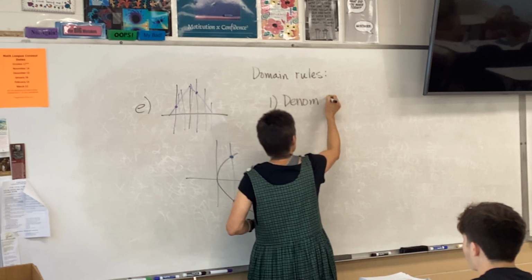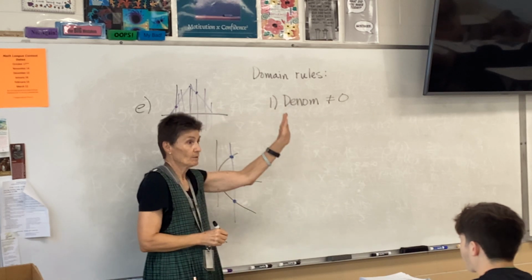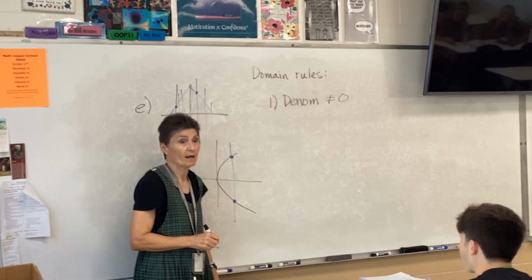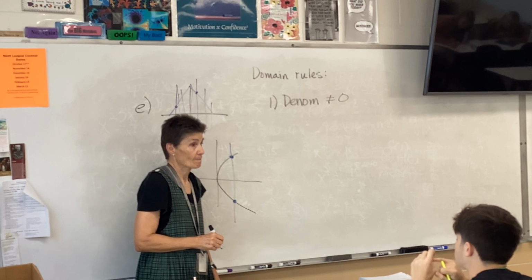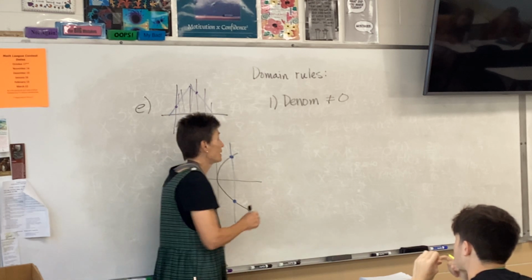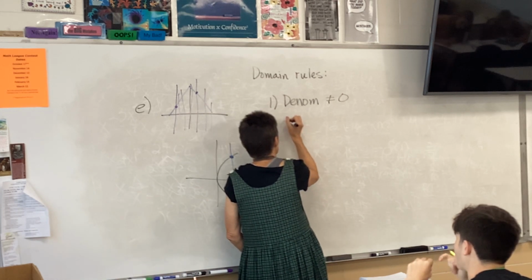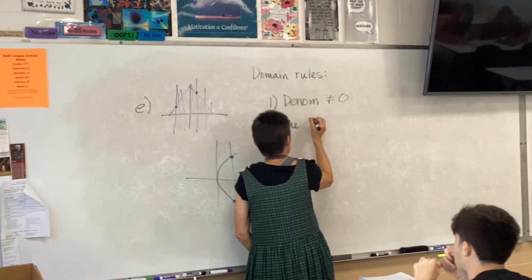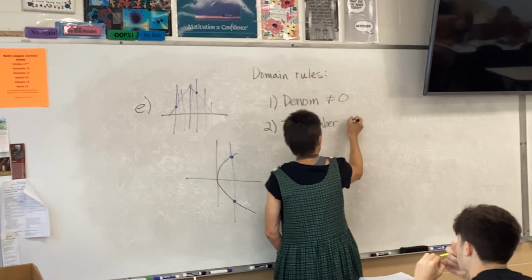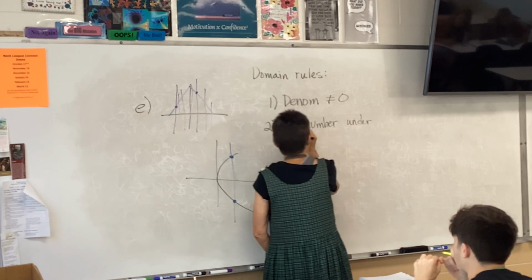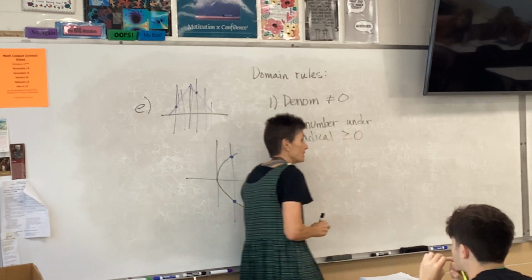The denominator cannot equal 0. Ever, ever, ever. The denominator cannot equal 0. The number under the radical must be greater than or equal to 0.